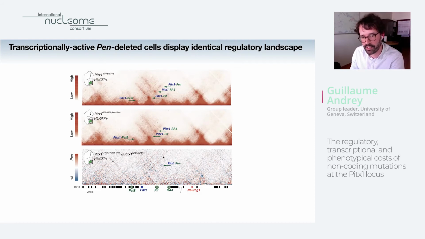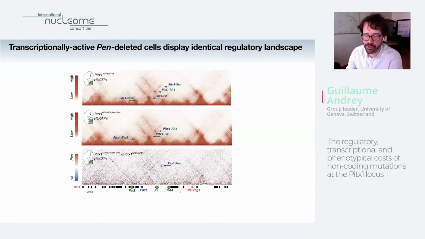If you look at this subtraction map, the only point that you will really see being lost is the interaction between Pitx1 and the Pen enhancer here, which is logical because the Pen enhancer has been deleted in a homozygous fashion in these animals.